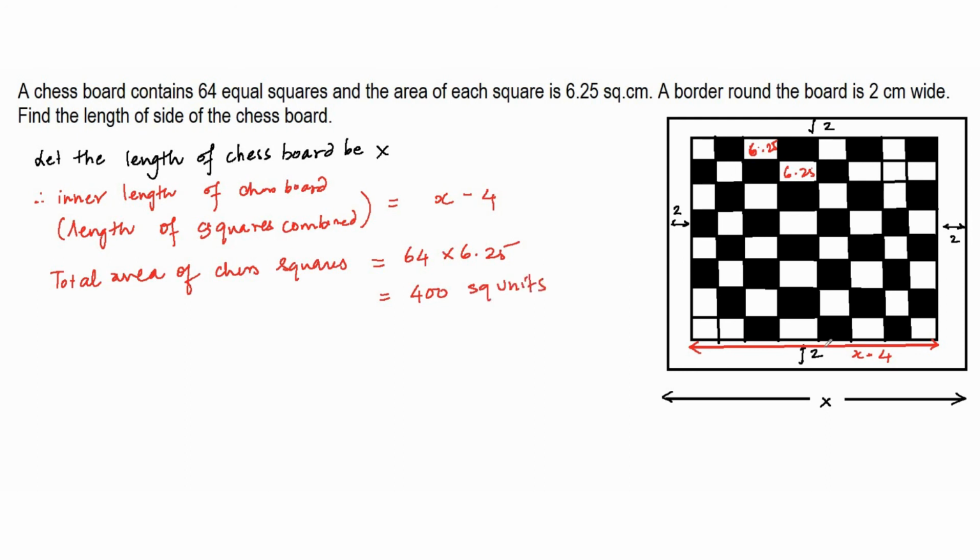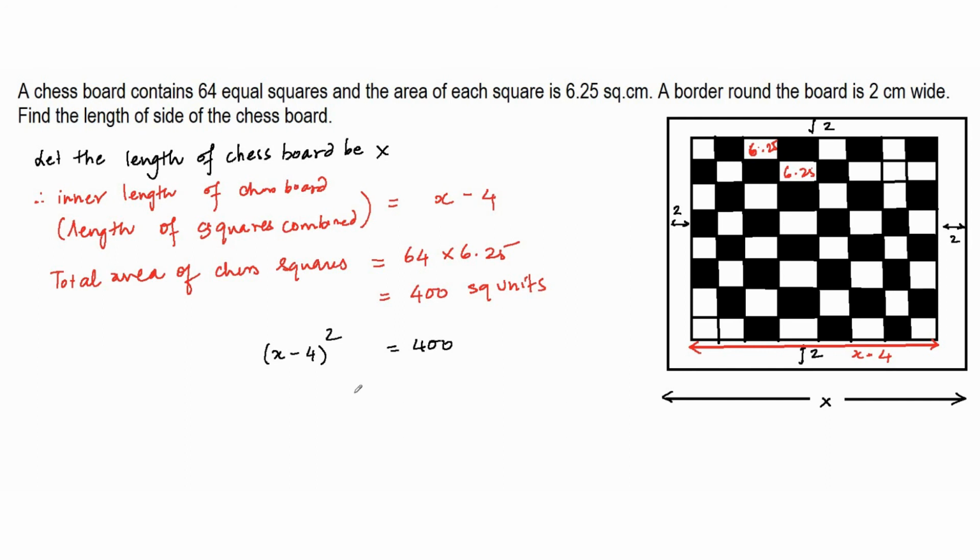And therefore I can say that the area of the inner square, (x minus 4) the whole square, is going to be equal to 400.